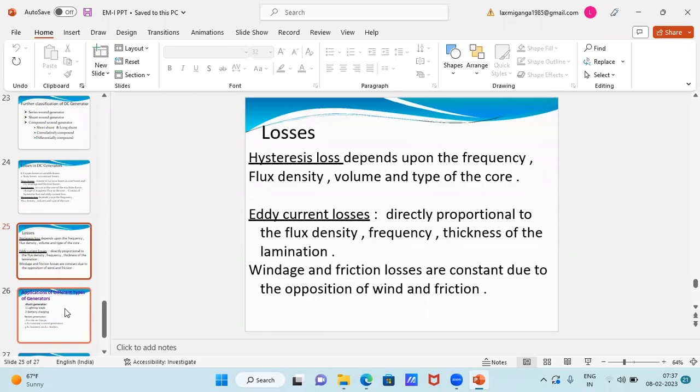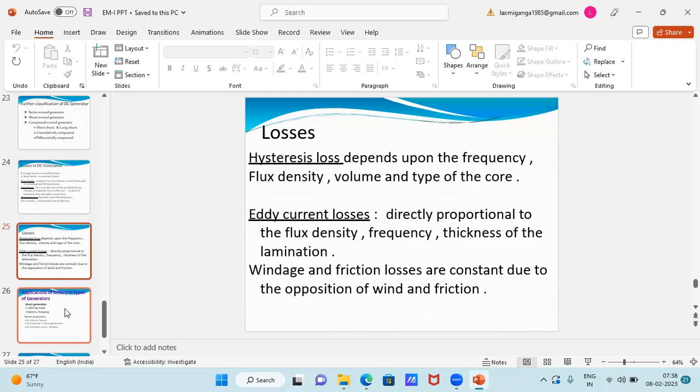Eddy current losses are directly proportional to the flux density, frequency, and thickness of the lamination.